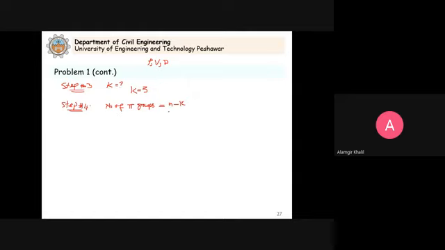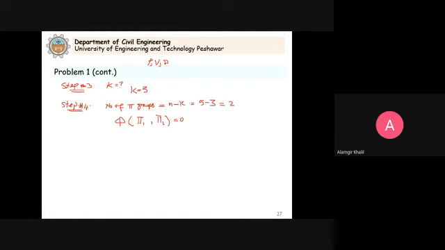So now from here, n is 5, k is 3, so it means we need 2 pi groups to solve this problem. It means that we need the uppercase pi 1 and uppercase pi 2 to solve this problem.